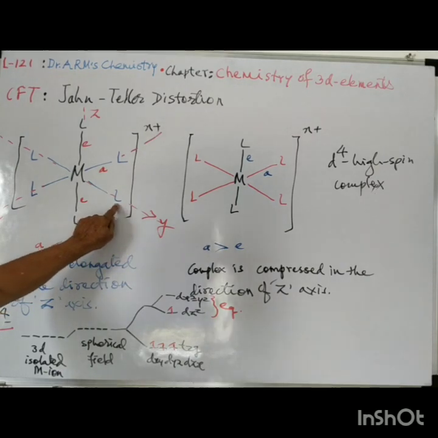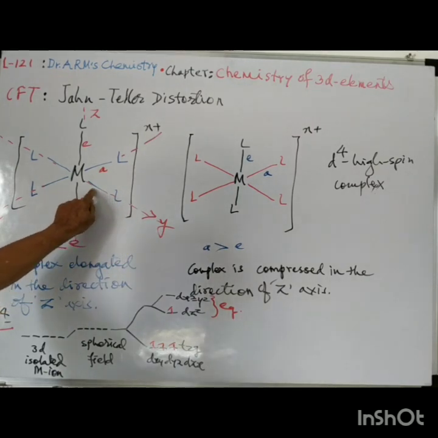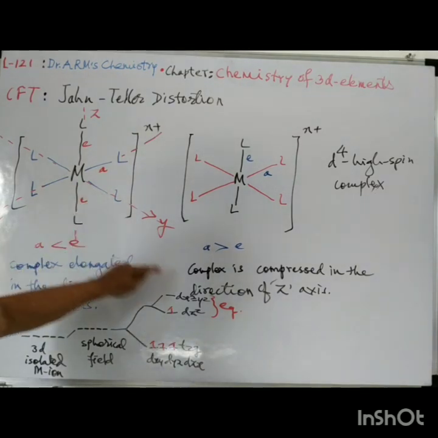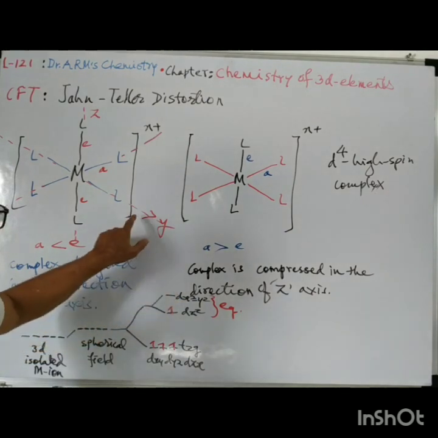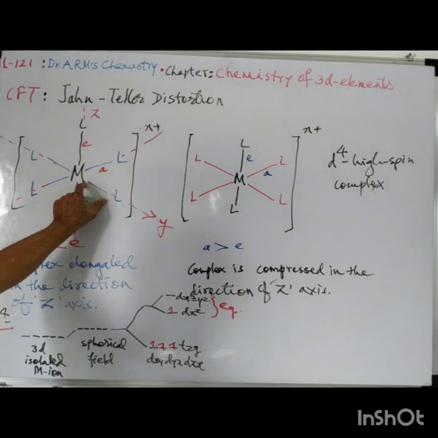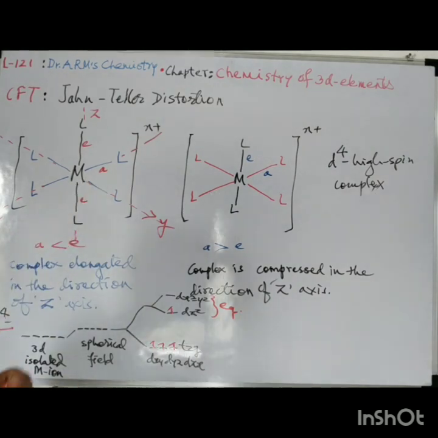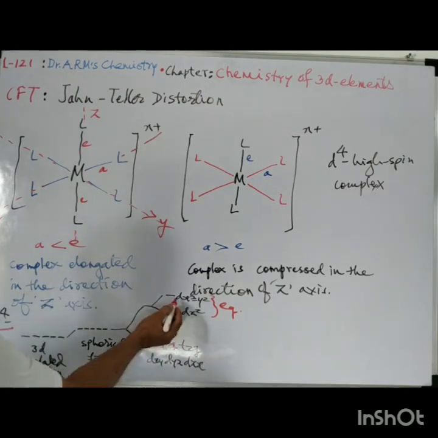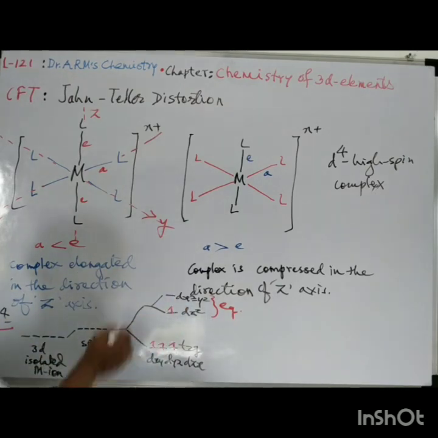So the ligand approaching the metal ion, if it faces repulsive forces due to the electrons present in dx2 minus y2, then the metal-ligand length will be increased. So the repulsion will increase. But here there is no electron in dx2 minus y2.